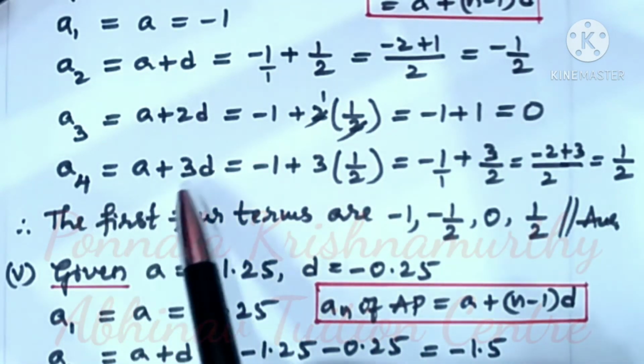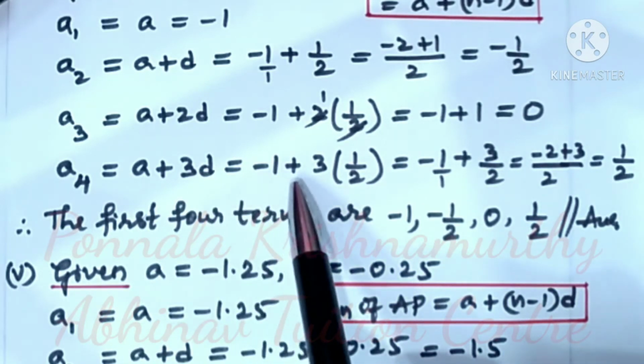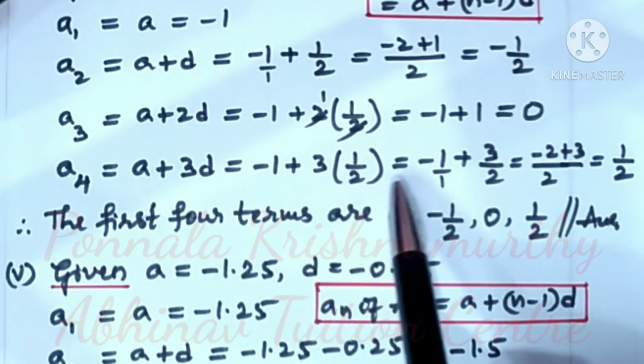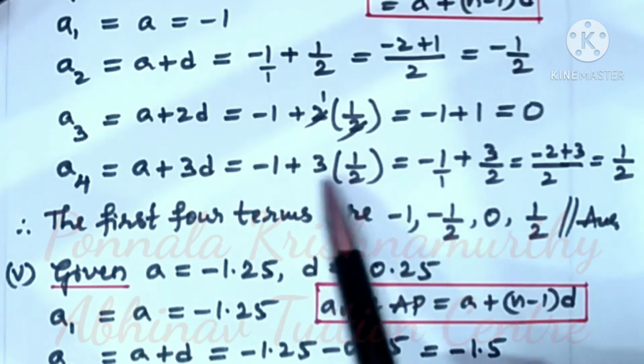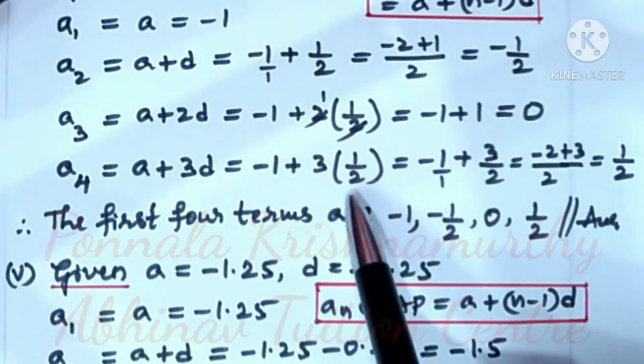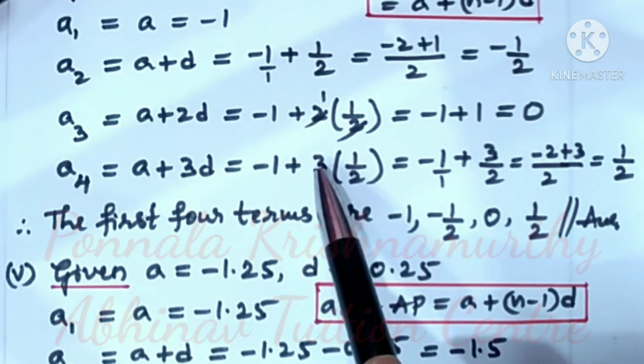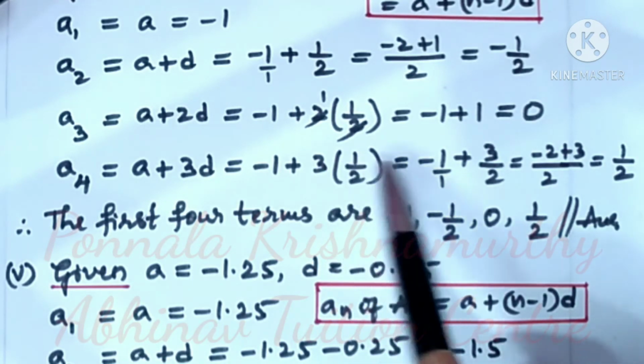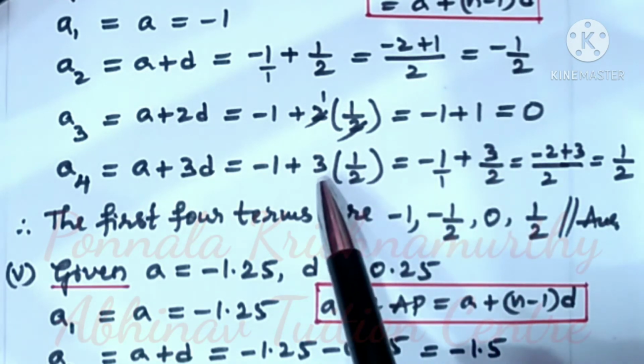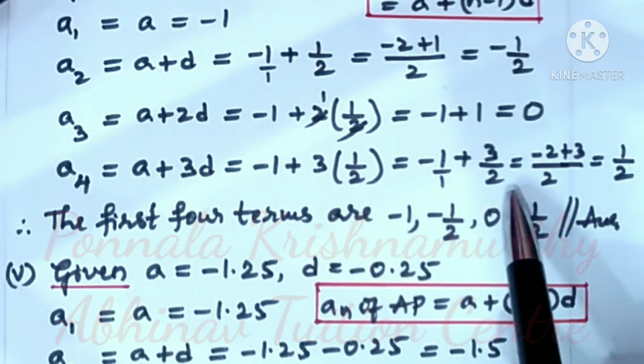a4 is equal to a plus 3d, that is equal to minus 1 plus 3 into 1 by 2. That is equal to minus 1 plus 3 ones are 3 by 2. We should not multiply these two. These 3 should be multiplied to the numerator 1, and here we have 1 below this 3. So this 1 into 2 is 2.